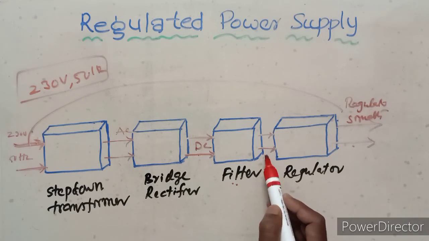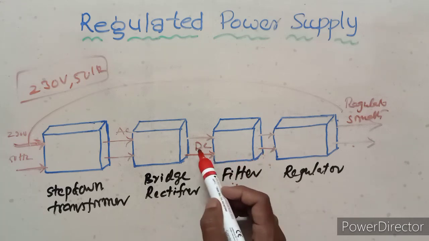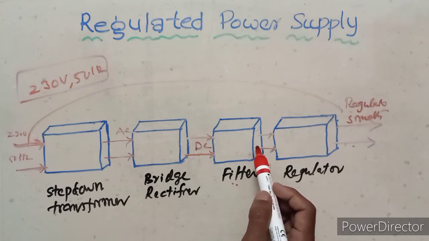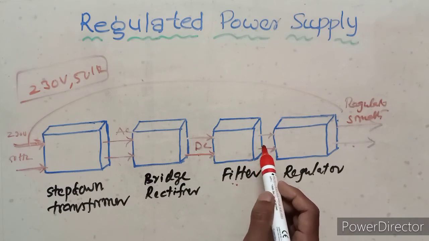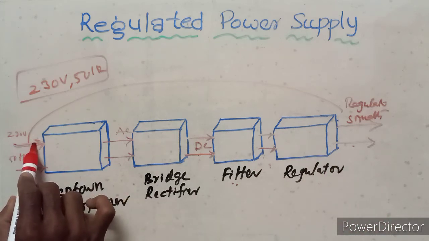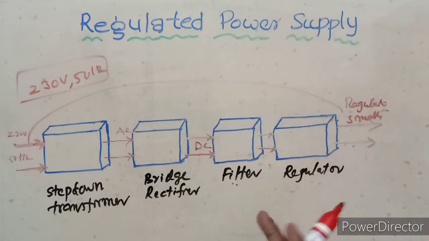That filter smooths it. The very high ripple is converted into small ripple. This small ripple is regulated by the regulator. So totally this AC current is converted into DC. This is the process of the regulated power supply.